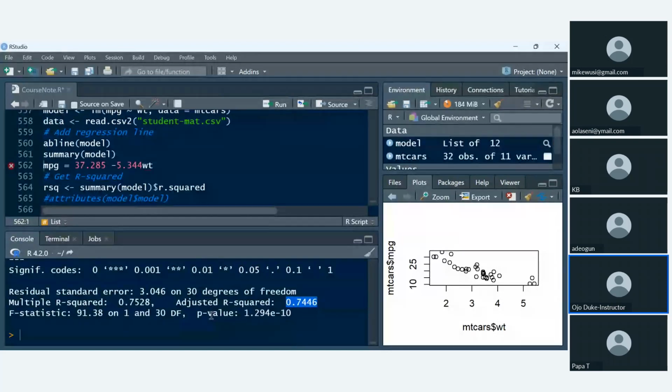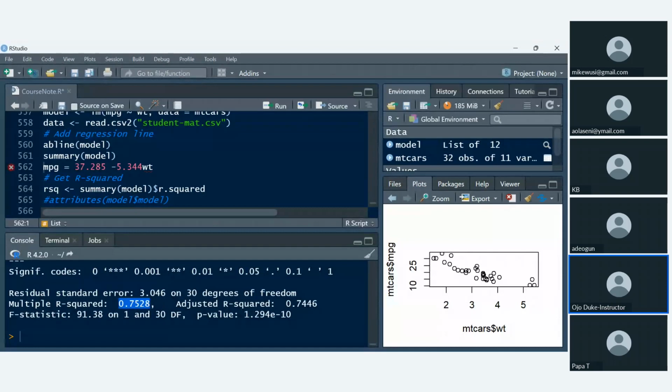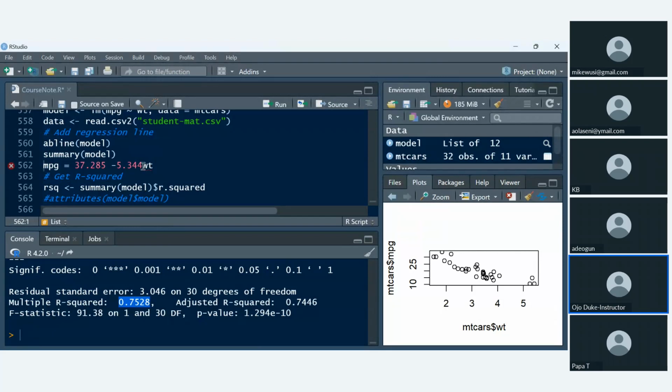So you have the R squared here to be equal to 0.75. You may want to say more like 75% confidence as far as this is concerned. That means for 75% of the time, if you have the value of the weight and you fit it into this equation, whatever value of MPG you get will almost be the same.